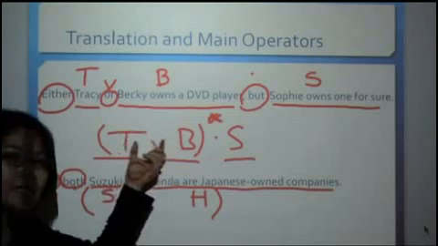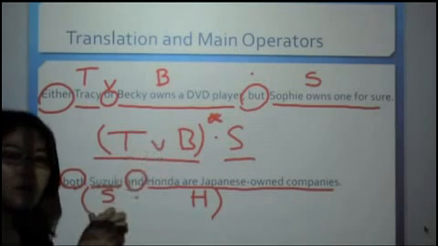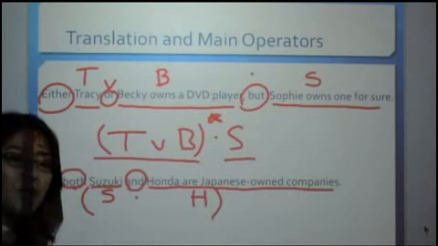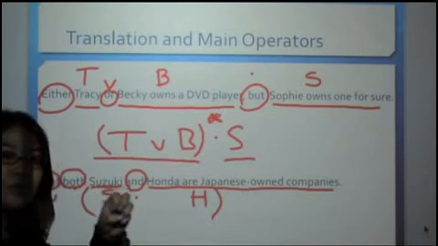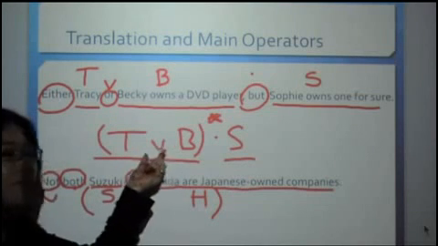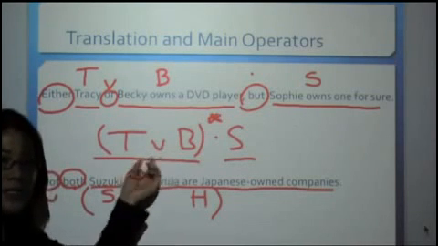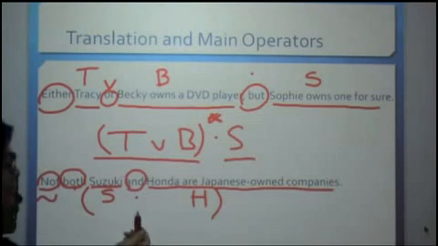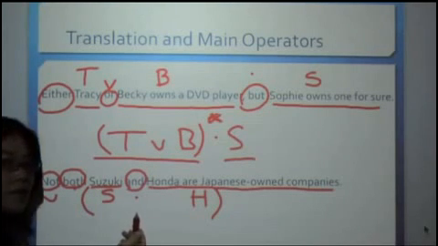Remember, everything that's inside the parentheses makes smaller units that make up the larger unit. And the main operator is the connective that pulls together the largest units, okay? So whatever is inside the parentheses cannot be a main operator. This tells us that this dot is not the main operator, okay?